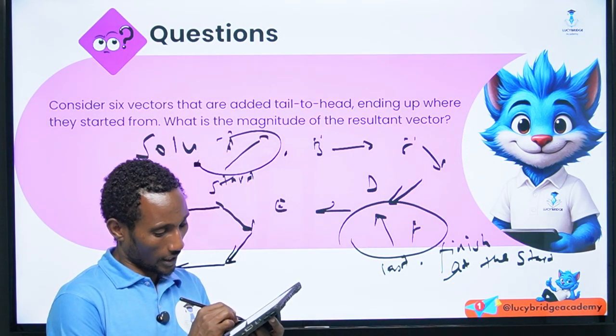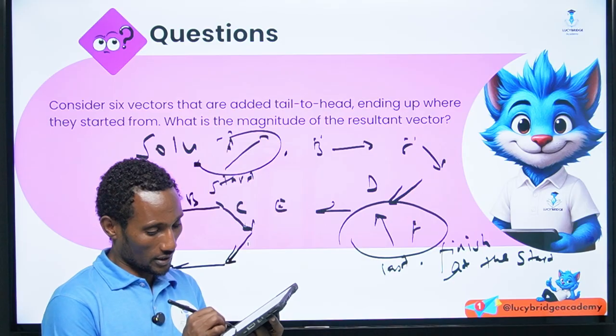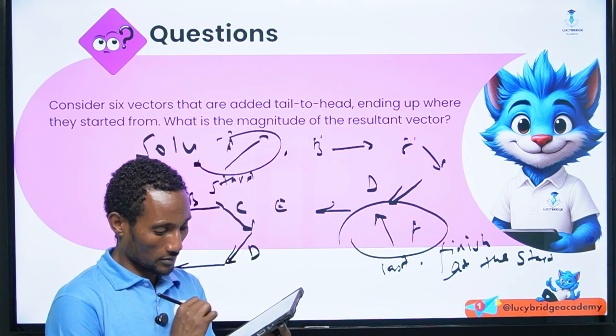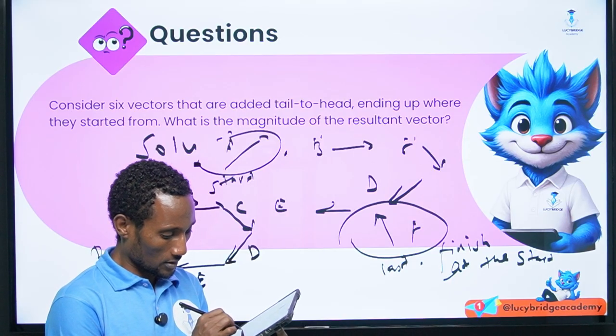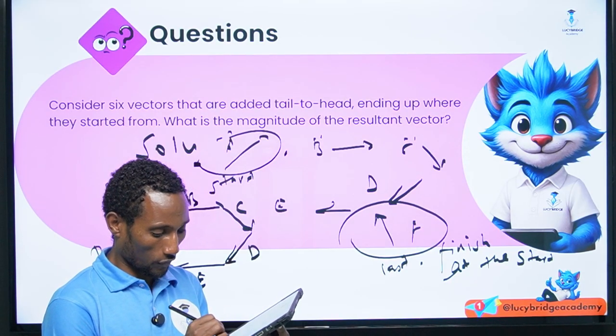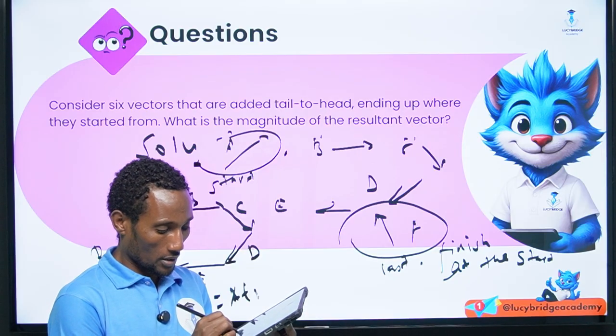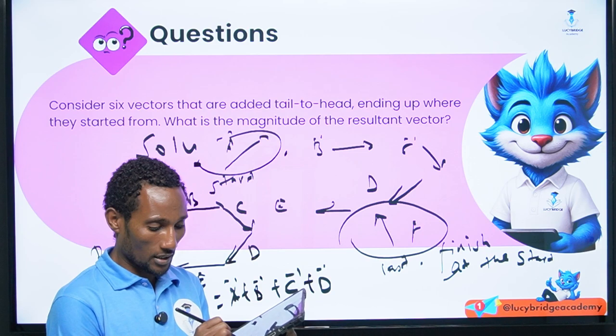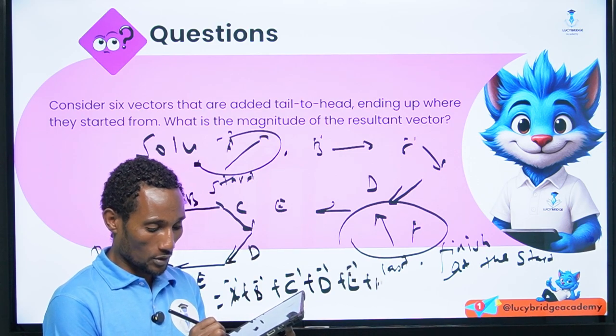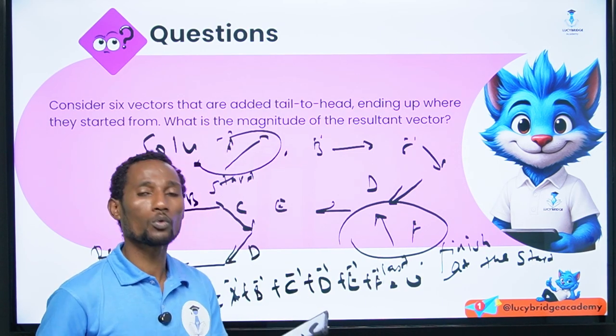Then here it is: A, B, C, D, E, F. The resultant of A plus B plus C plus D plus E plus F is 0.